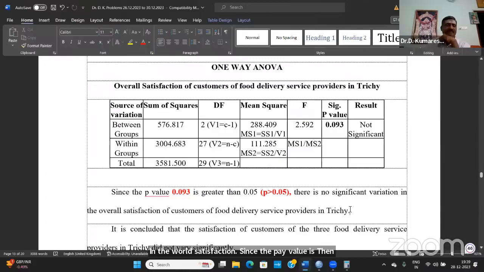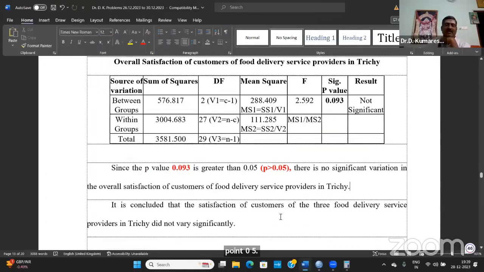This is interpretation. What is conclusion? It is concluded that the satisfaction of the three service providers did not vary significantly. The satisfaction did not vary significantly means the services of the three providers have made no significant difference.